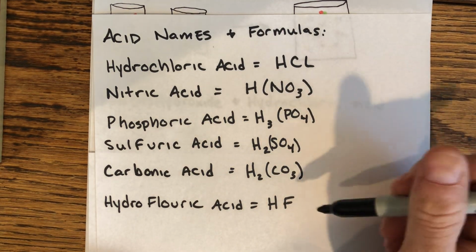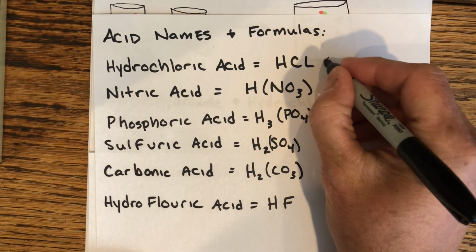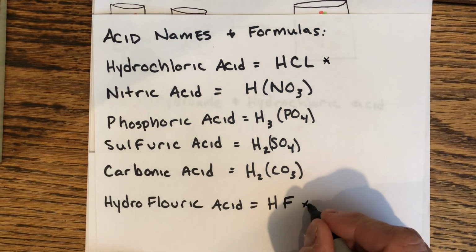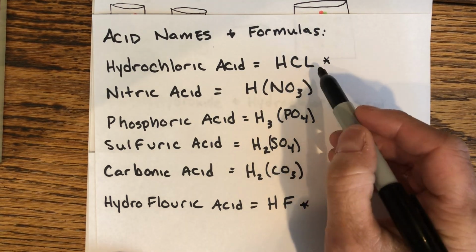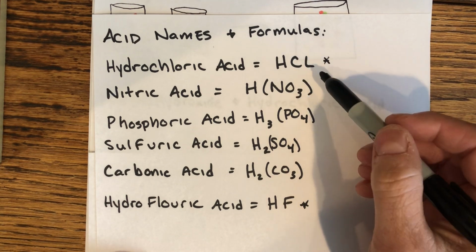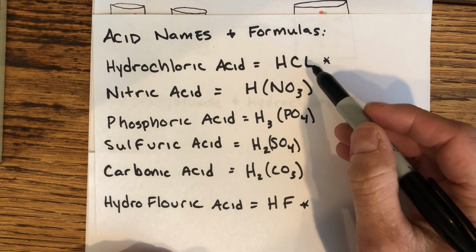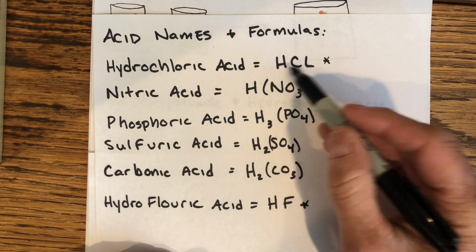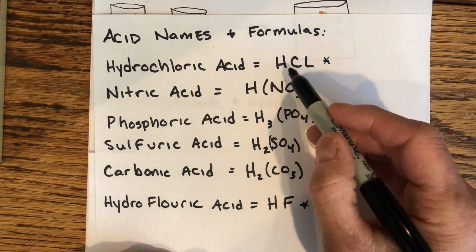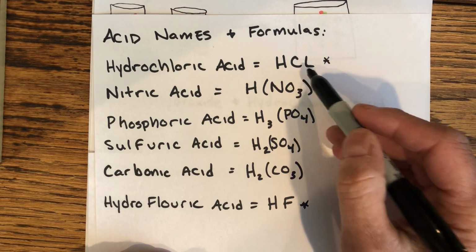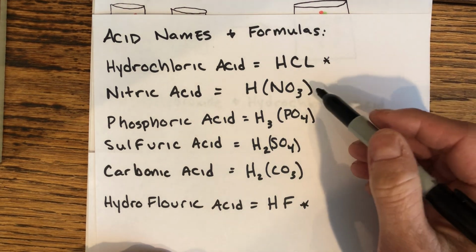We have some that are known as binary acids, and they have their own naming system where the hydrogen we call hydro, and then the ion that's connected to it usually comes from the halogen group, and they combine in a 1-to-1 ratio. That's why we call it a binary acid, because there are just two ions involved here. They have their own naming system.